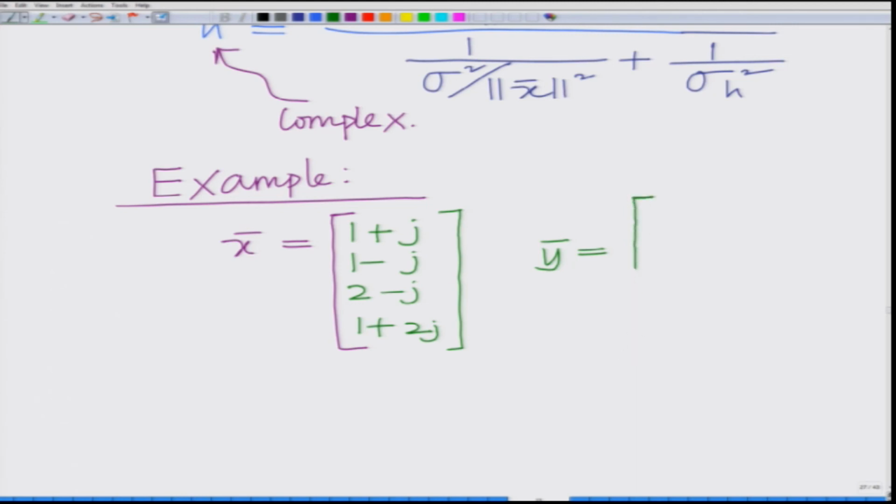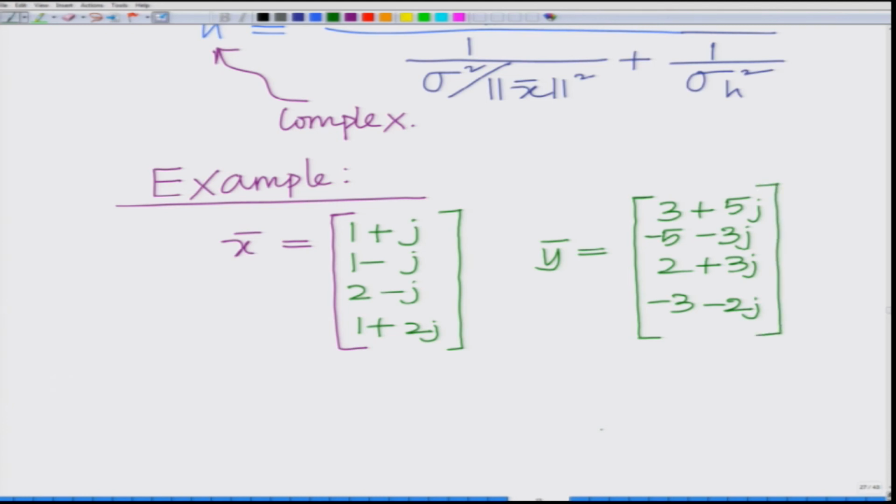Y bar is equal to 3 plus 5j, minus 5 minus 3j, 2 plus 3j, minus 3 minus 2j. What is x bar? X bar is our pilot vector.